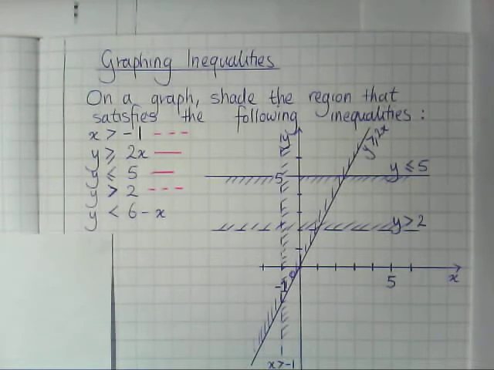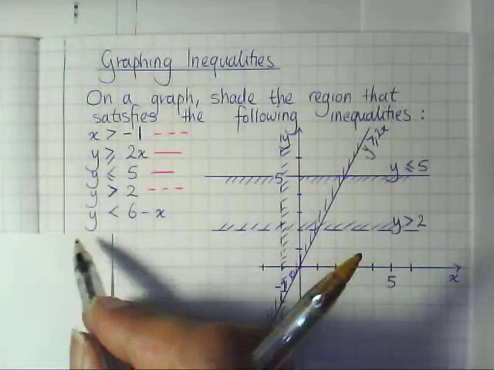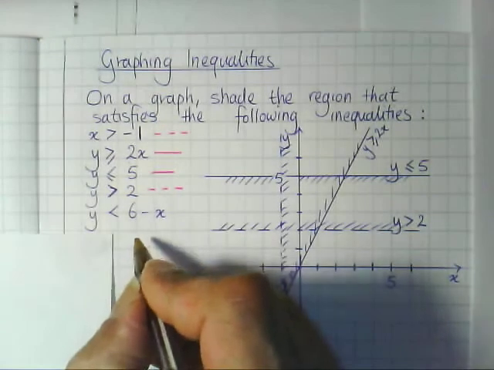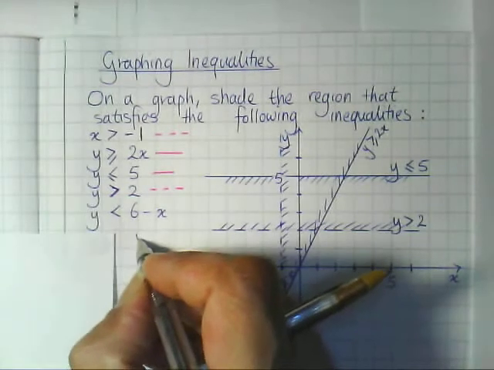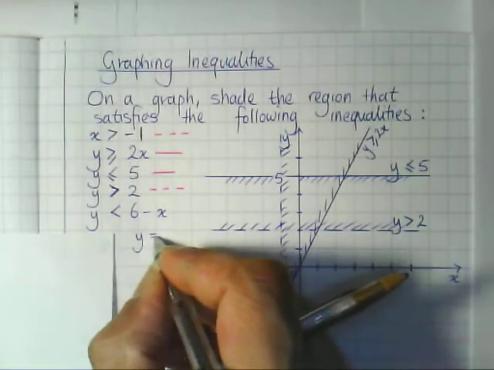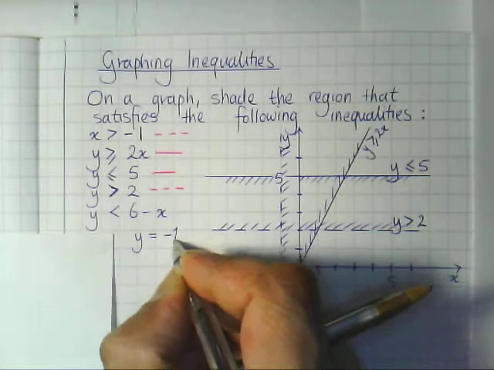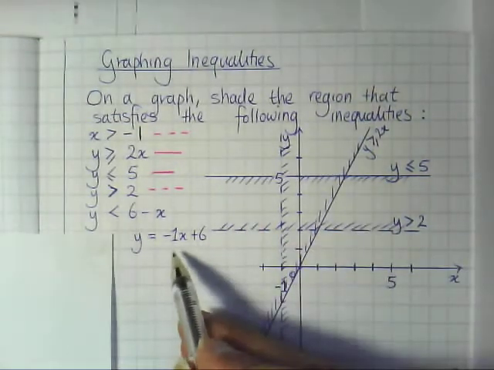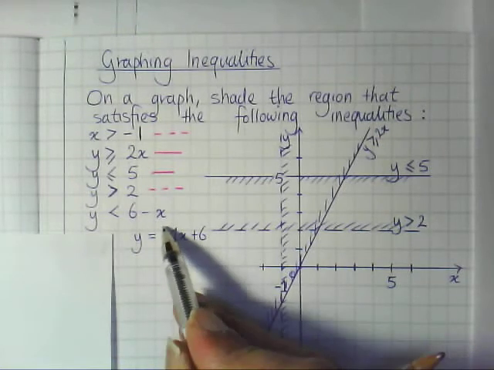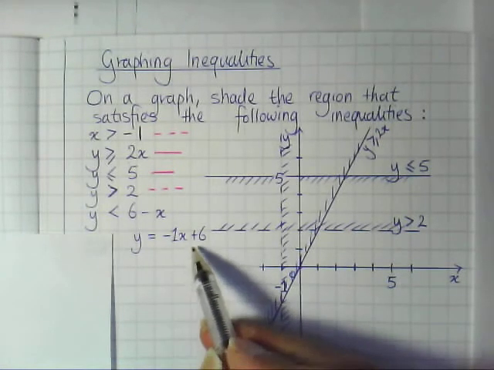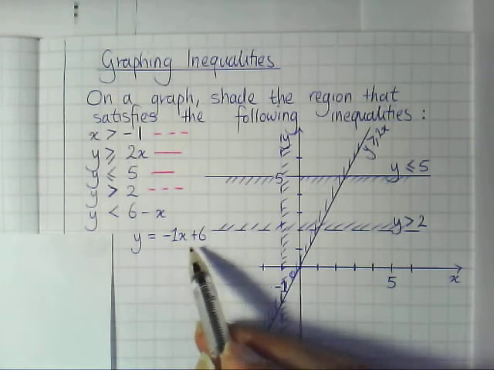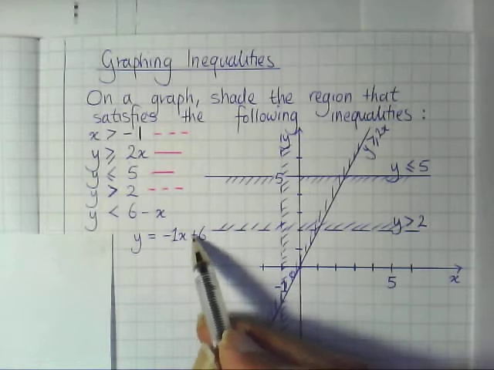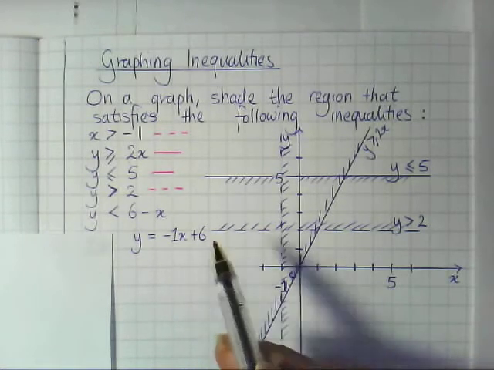Now for the final inequality, this is actually the equation of a straight line. It could be written as y is equal to -1x plus 6. So here my m value is -1, that's my gradient, and that's a downhill or negative slope. And this is my plus c, so that's my y-intercept, so that's +6.